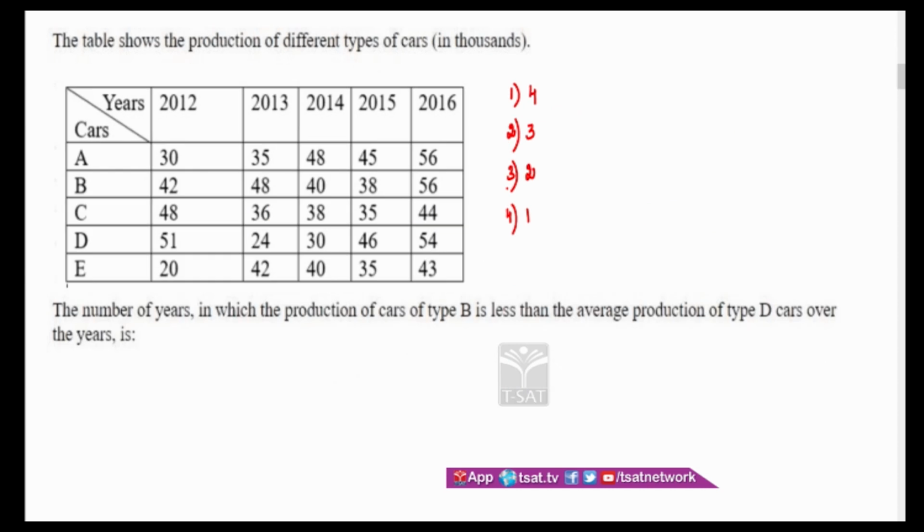Here is the same table again. The number of years in which the production of cards of type B is less than the average production of type D cards over the years. Find out the average production first. Now see here, it's 51, 24, 30, 46 and 54. For average production, take 40 as your assumption.